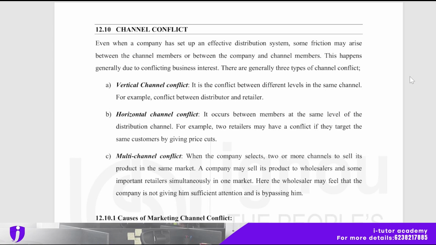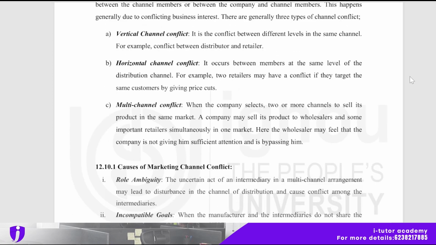Vertical channel conflict is a conflict between different levels in the same channel, and horizontal channel conflict occurs between members at the same level of the distribution channel. And multi-channel conflict arises when the company selects two or more channels to sell its product in the same market.